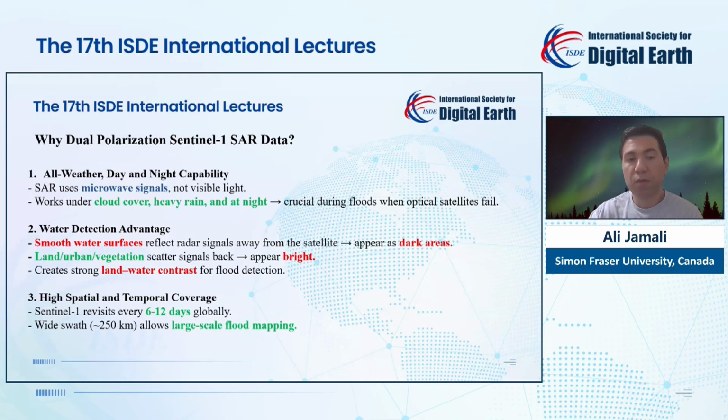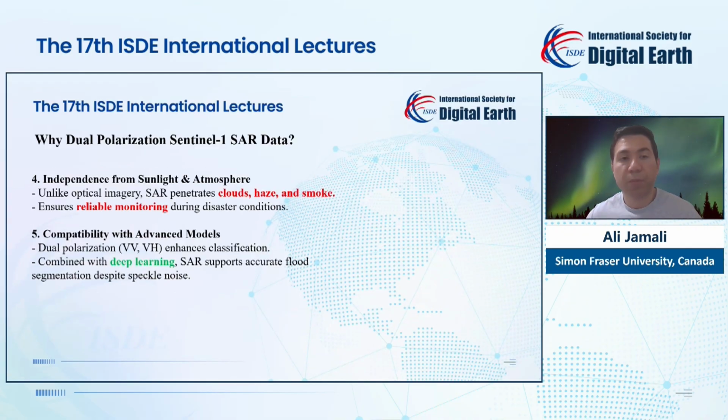With Sentinel-1, you have a good revisit time of 6 to 12 days globally. Some places are less, some places may be more. And because of the wide swath of 250 kilometers, you can use Sentinel-1 for large-scale flood mapping as well. As mentioned, they are independent of the sunlight and atmosphere, so you don't need to consider clouds, haze, or smoke.